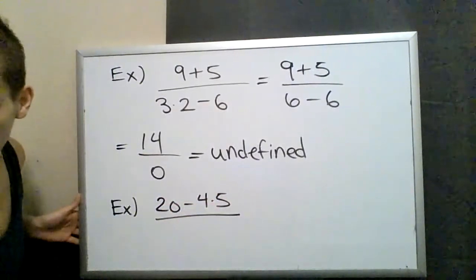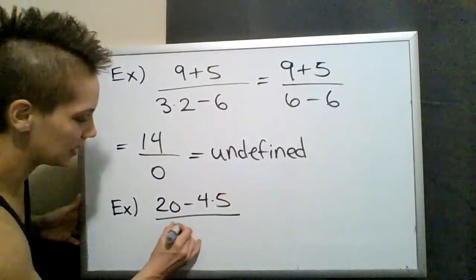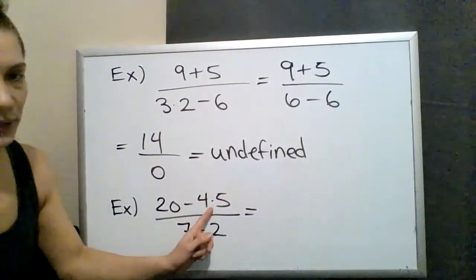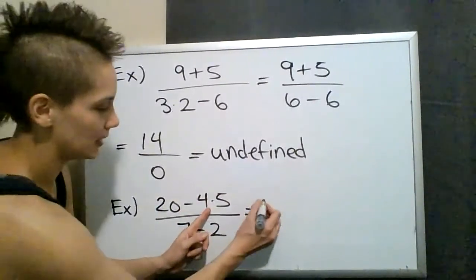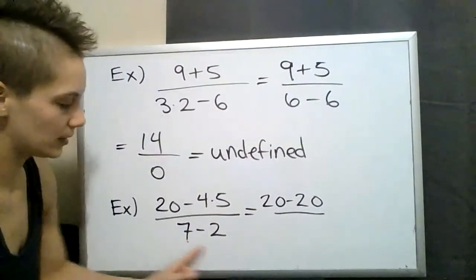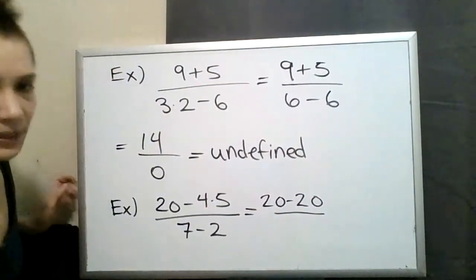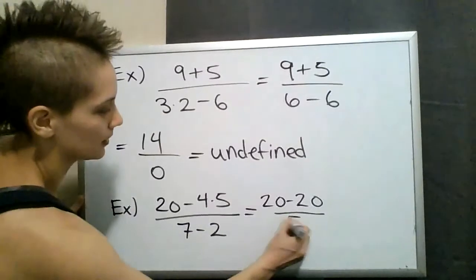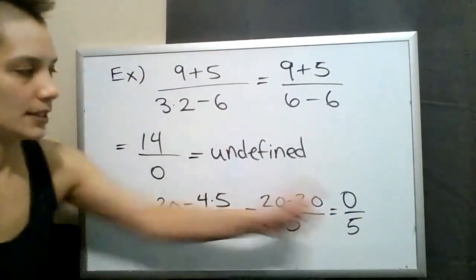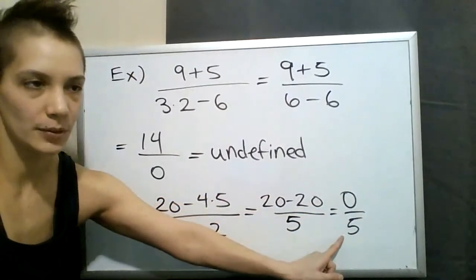We want to have 7 minus 2 in the denominator. Okay, multiply first. 20 minus 20. It's over, we could put 7 minus 2. 0 divided by some number that isn't 0 is 0.